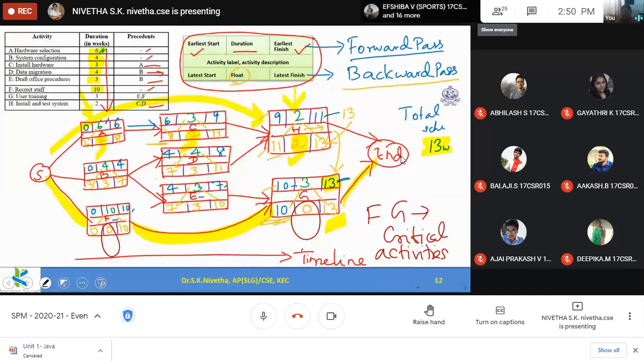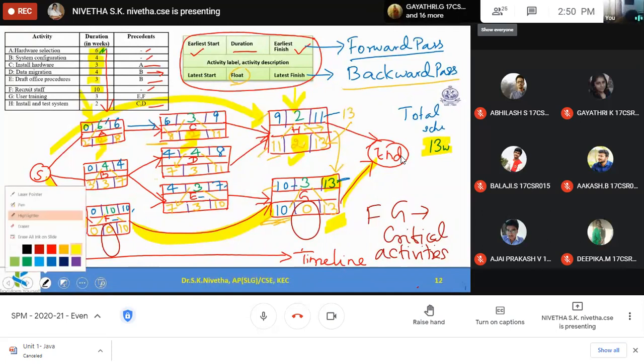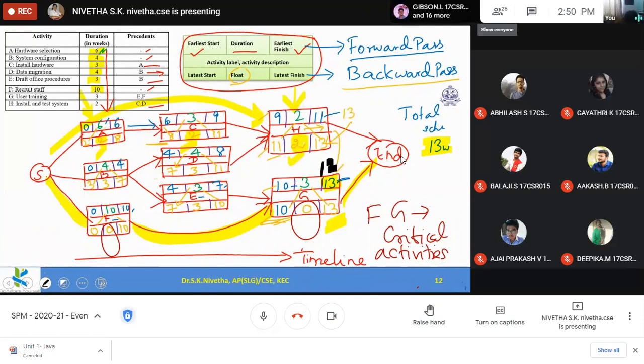But the customer is asking, is it possible to complete it within 12 weeks? So I have to backtrack the values. I just have to fix 12 here, and accordingly I should backtrack all the values backward.